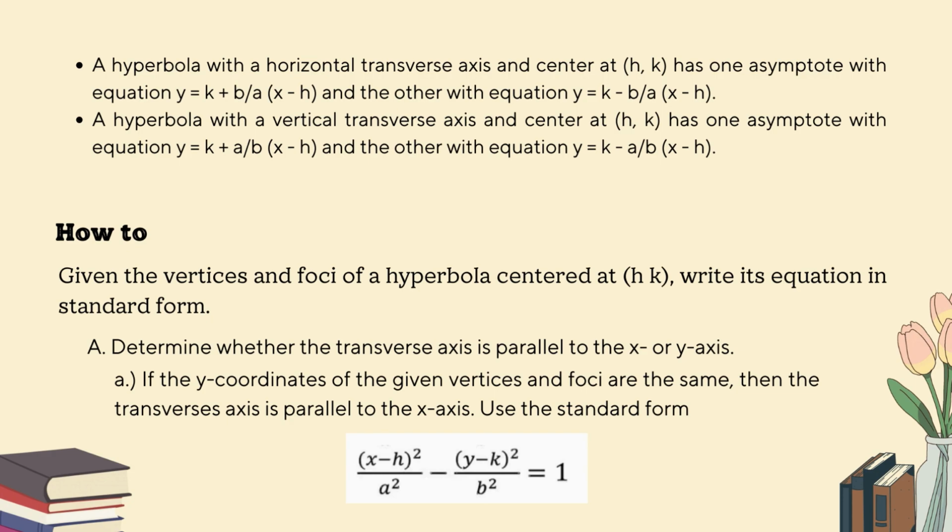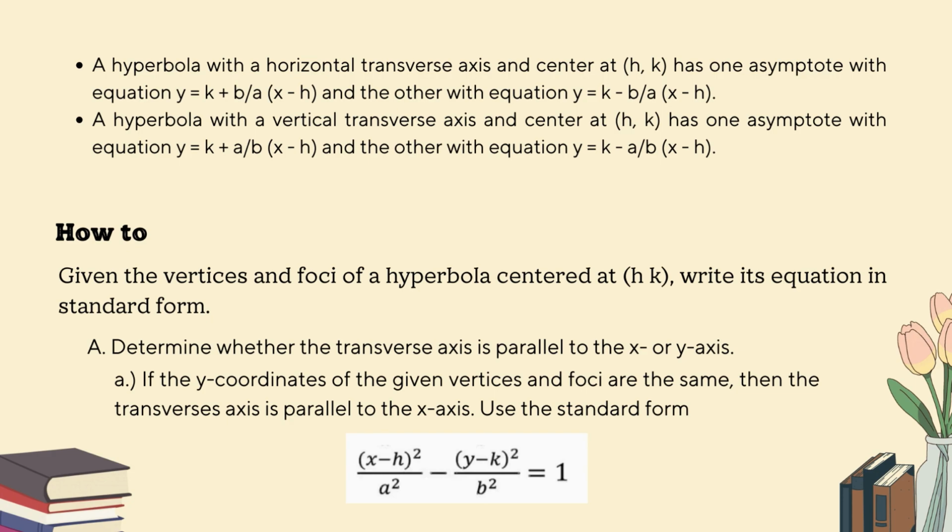How to: given the vertices and foci of a hyperbola centered at (h, k), write its equation in standard form. If you are given that kind of problem, first determine whether the transverse axis is parallel to the x or y axis, if it is horizontal or vertical.